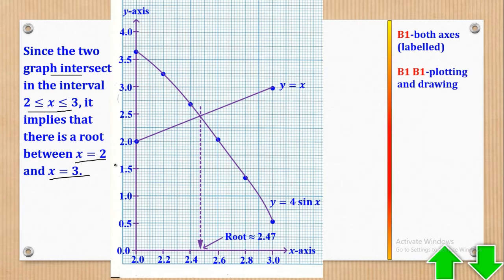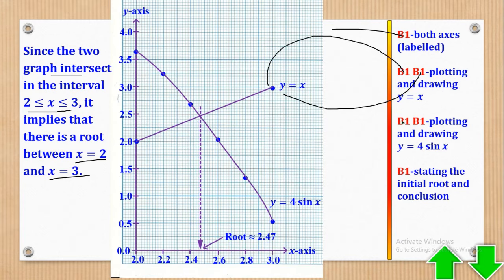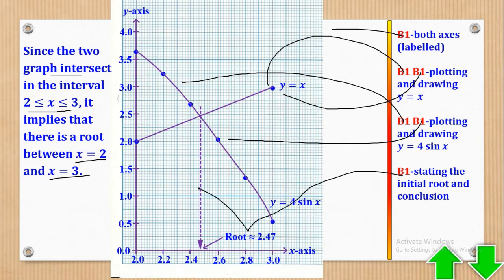Now let's see how marks can be awarded. So B1 for labeling axes, this B1 for plotting the points of this line, and B1 for joining using a ruler, B1 for plotting, B1 for joining using a smooth curve, B1 for stating this and making this conclusion.